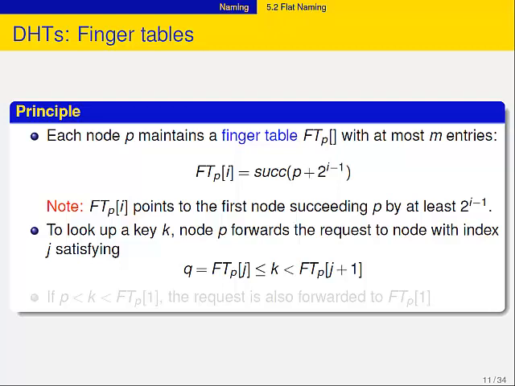I personally like the interpretation: try to get as close to K as you can, but don't overshoot it. That don't-overshoot is really in this formula. Try to get to the node that is as close as possible to K that I know of, but not the one that has an identifier beyond K, because then I may be overshooting.